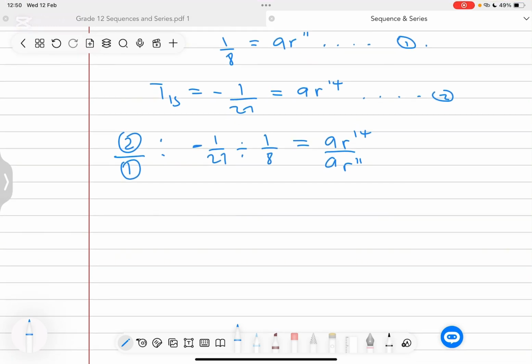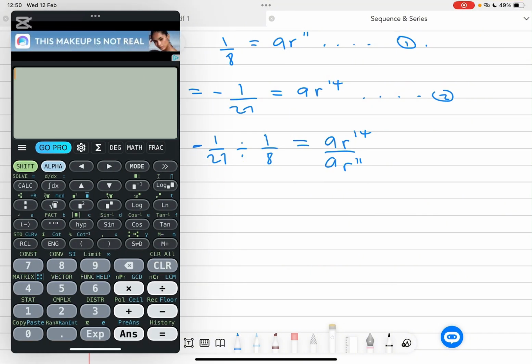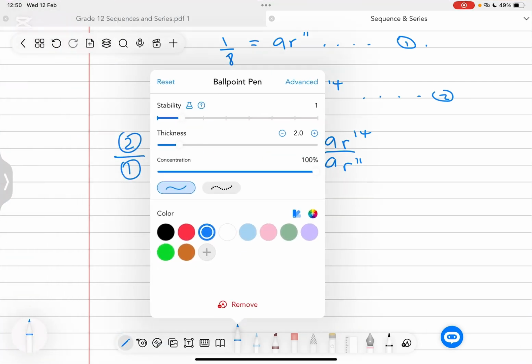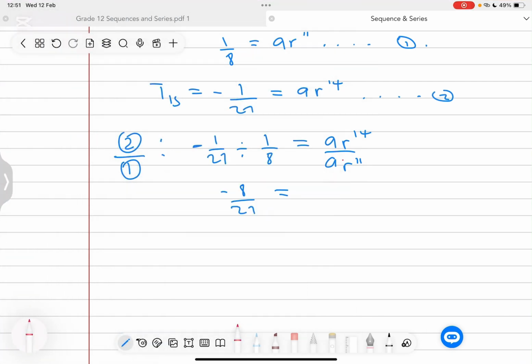Now at this stage we can pull out the calculator to determine this. So we're going to have negative 1 over 27 divided by 1 over 8. And this gives me negative 8 over 27. Now on the right-hand side, you can see that the a will cancel out. And that's a sweet thing to have, because now we have an opportunity to deal with r alone.